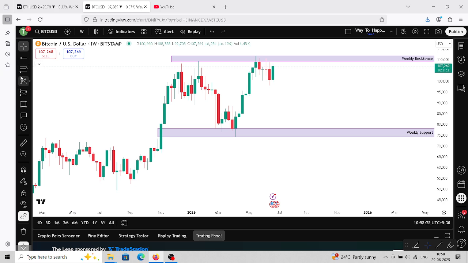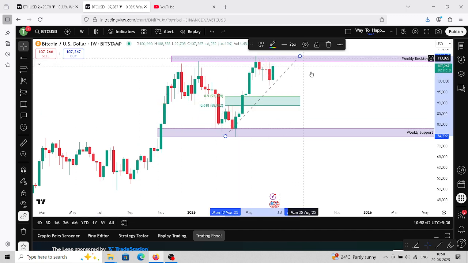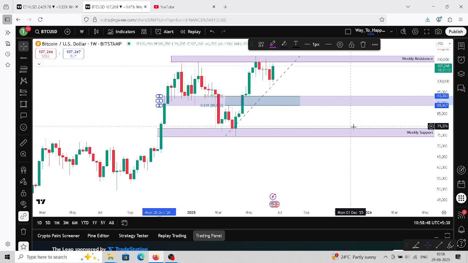What we do is we take and put a fib, which is our favorite tool. We start from here and go till here, and we see that this is our weekly fib retracement. Okay. So what is this?